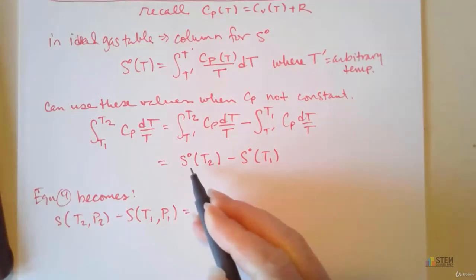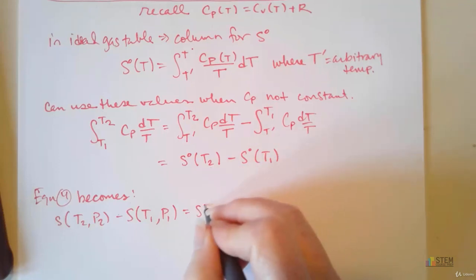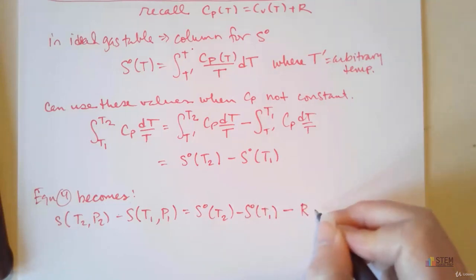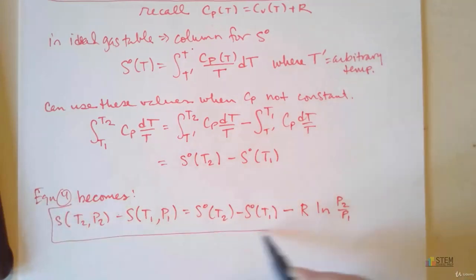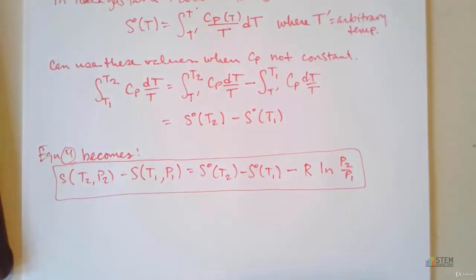That then is going to equal the values in the table at T2 and T1. You're going to take the difference there, minus R times the natural log of P2 over P1. So that will allow you to find your change in entropy even if you have a Cp value that is not constant. So if it's changing, you don't have to have an equation for it. You can just use this. Instead of trying to figure out how Cp is changing, this is a lot simpler.